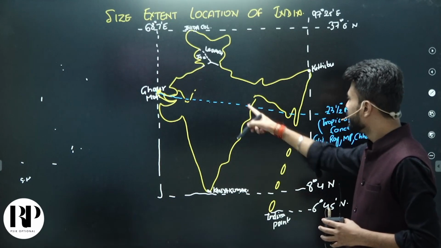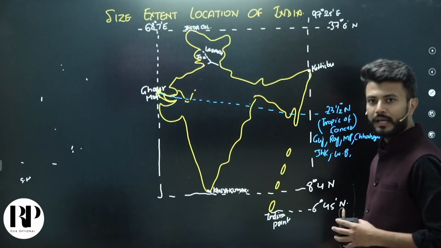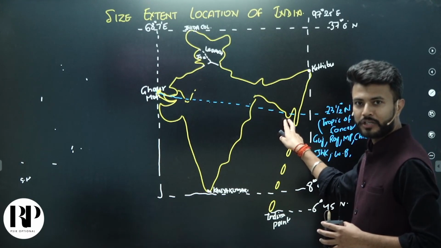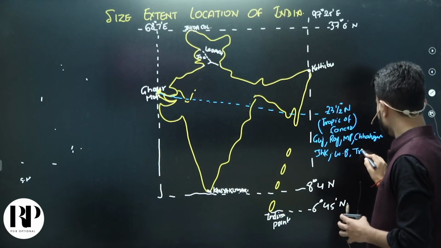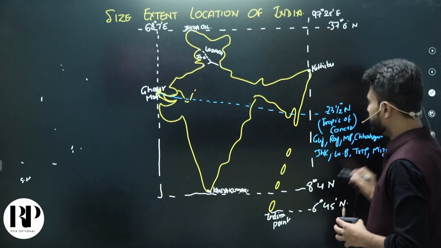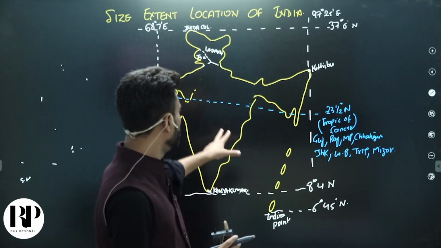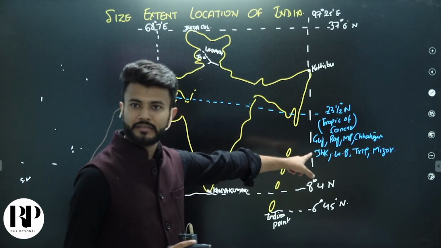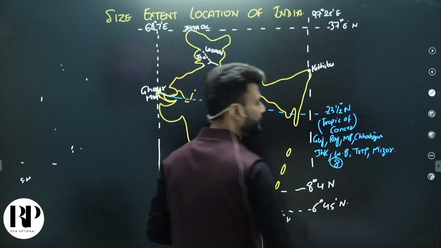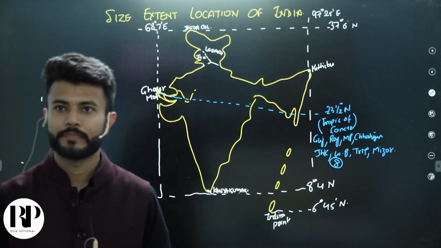Then comes what? West Bengal. And then the two northeastern states. Out of the 7 sisters, there are 2 states. Which one? Tripura and Mizoram. So total number of states through which Tropic of Cancer is passing in India is 8. ठीक है, right?